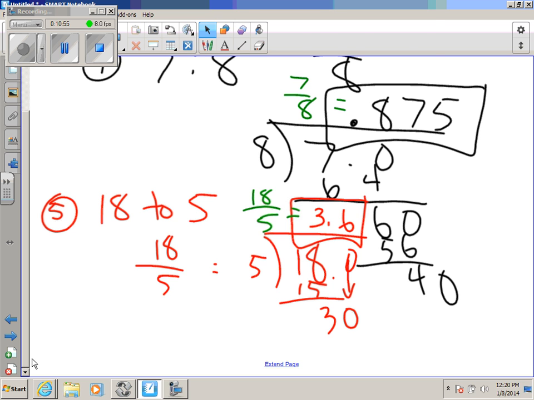What does it mean? What does it all mean? If this were an 8, 8 over 8 would equal 1 whole, right? But it's still smaller than what your bottom value is.